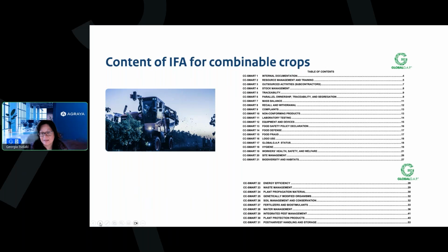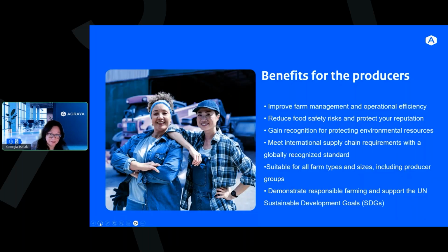You see here that we have the production process in more detail, also requirements about the plant propagation material that producers use in the farm, requirements for genetically modified organisms, water management, soil management, and how producers manage to protect their plants in an integrated farm management. Can you please proceed to the next slide?